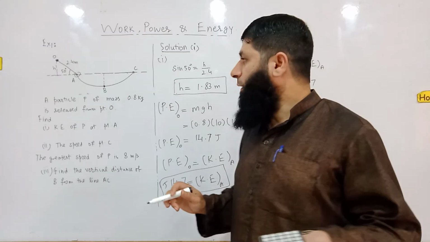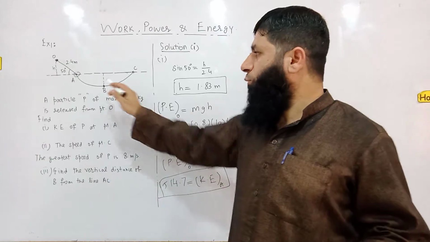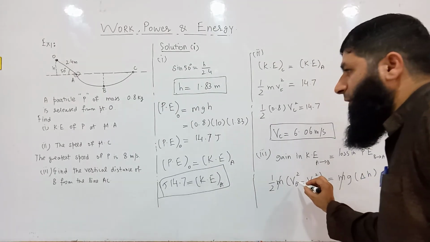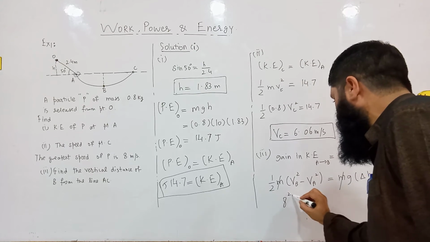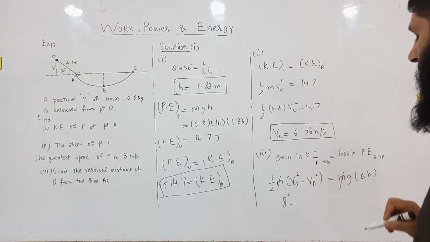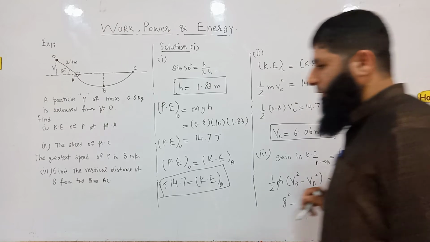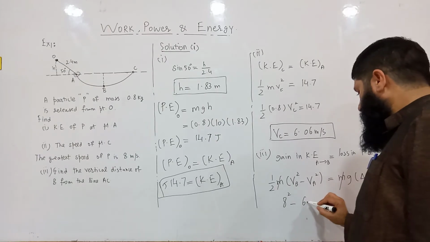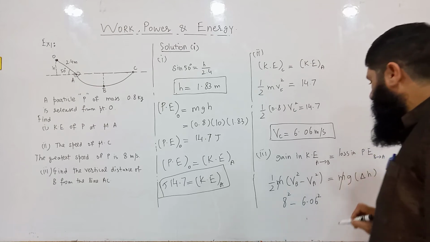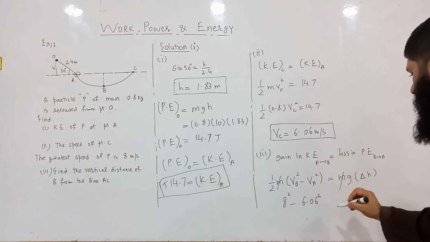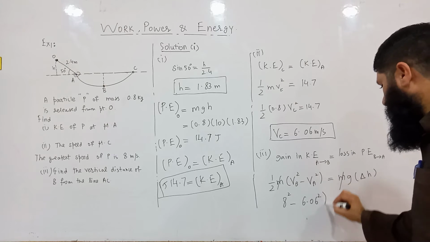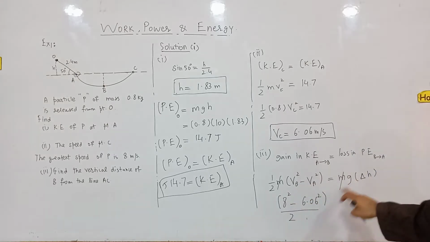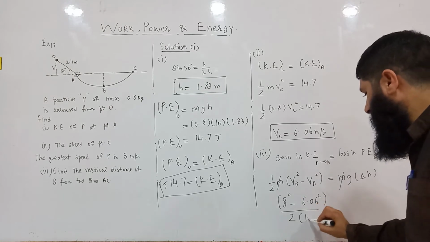So obviously the greatest speed of this particle will be at point B. So what we are going to do, VB is 8, it will become 8 square, and VA will be equal to 6.06 seconds. Okay, and that will be equal to 2, and this G will come in denominator.